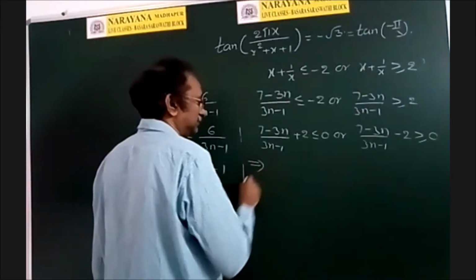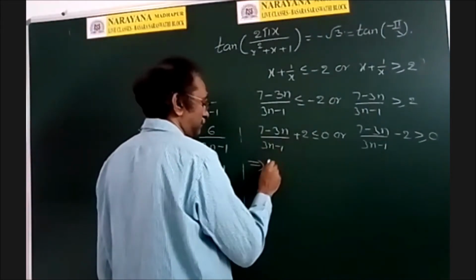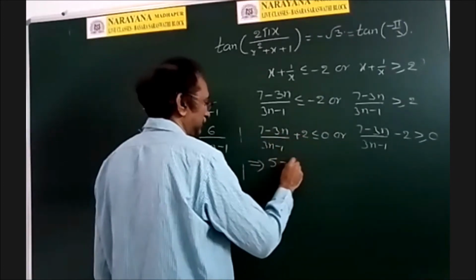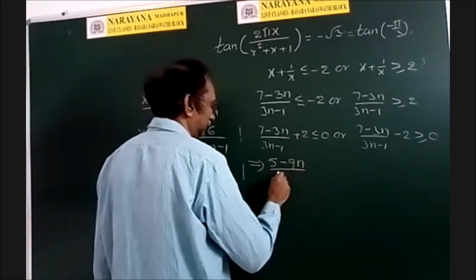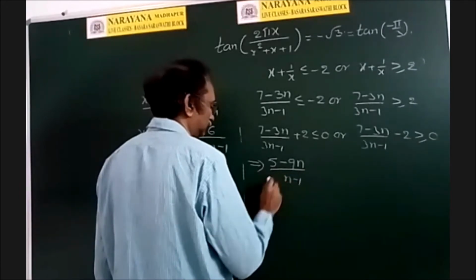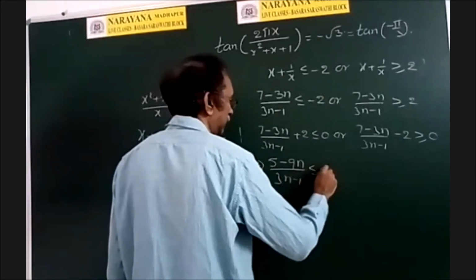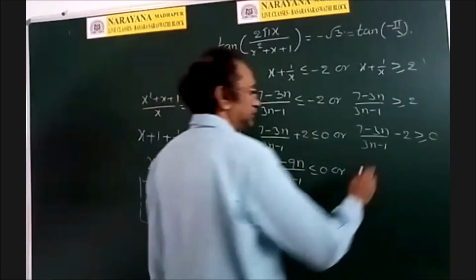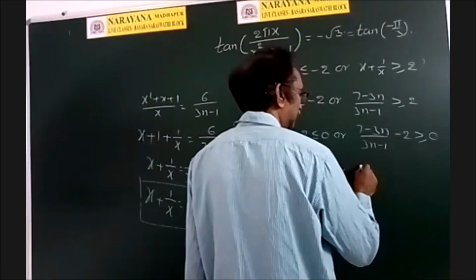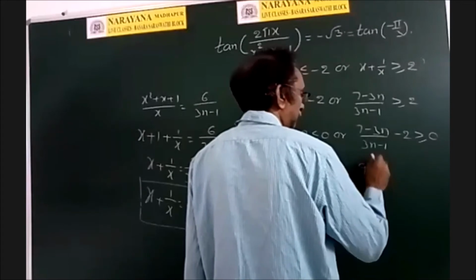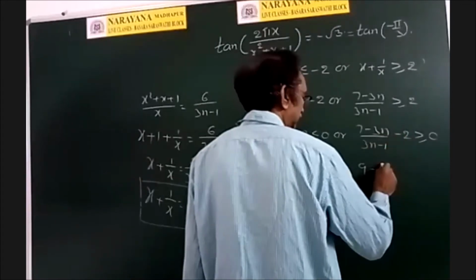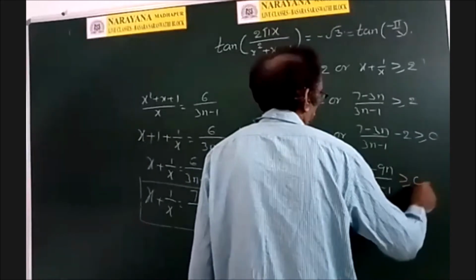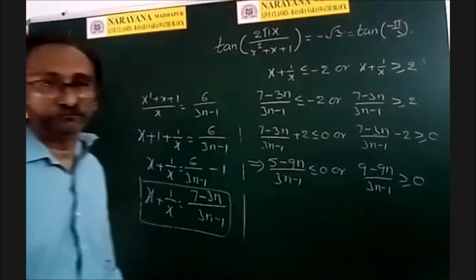So this implies 7 minus 2, 5, minus 3n minus 6 minus 9n by 3n minus 1 less than or equal to 0, or 7 plus 2, 9, minus 3n minus 6n minus 9n greater than or equal to 0.